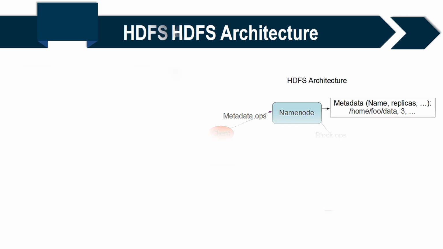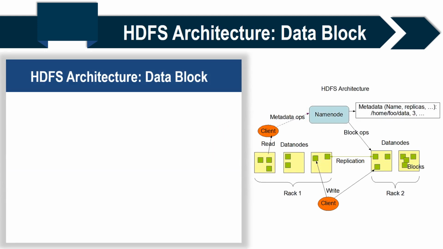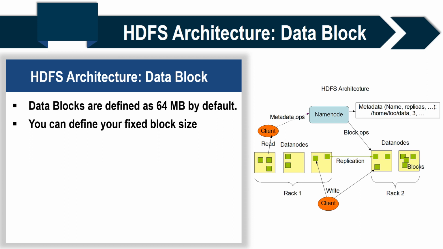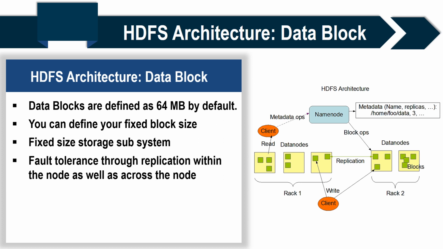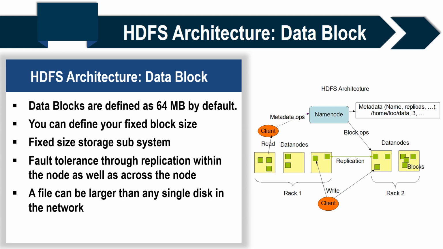Here you see in the data block there is a default fixed length size of data block which is 64 MB, but you have the flexibility to define your own data block which can be of any size, but the fixed size provides some advantage. The fault tolerance through replication within the node as well as across the node provides the exceptional resiliency aspect of HDFS. If you look at the example, here you see there are yellow boxes within which there are green boxes.